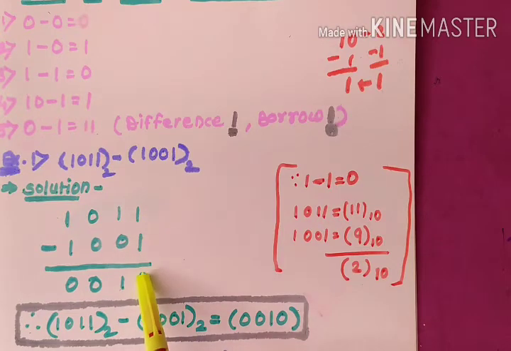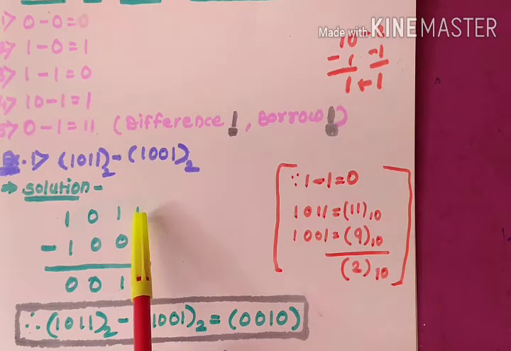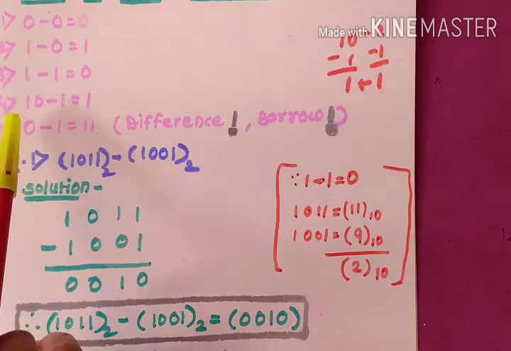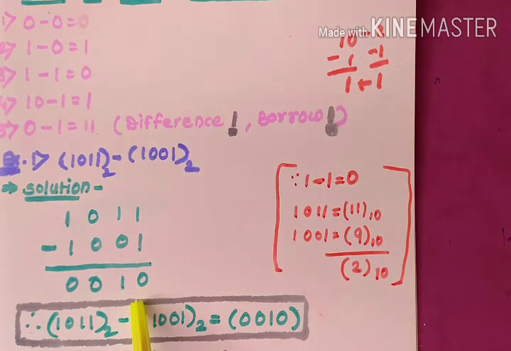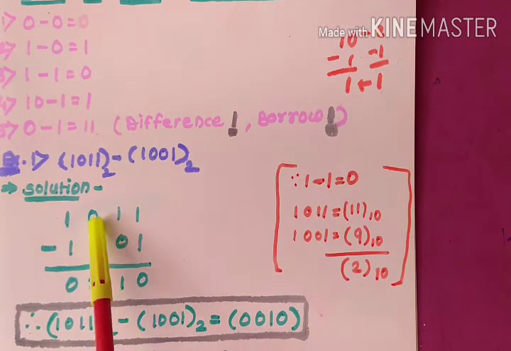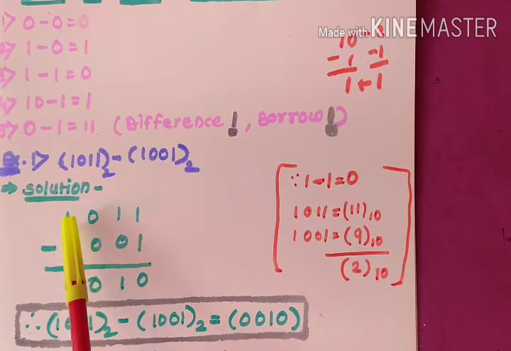You have to write in this way and follow the rules of binary subtraction. As we know, 1 minus 1 is equal to 0, 1 minus 1 is equal to 0, 1 minus 0 is equal to 1, 0 minus 0 is equal to 0. So the answer is 0010, which is correct.